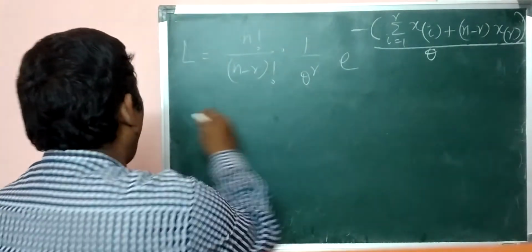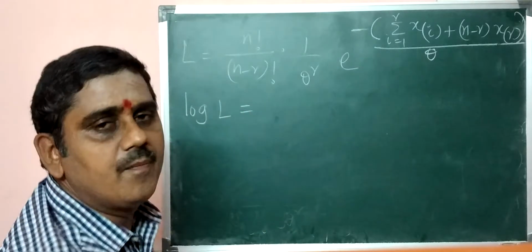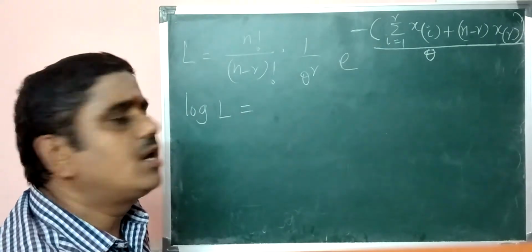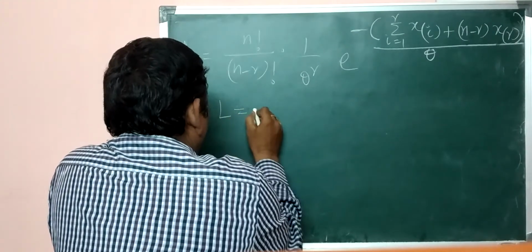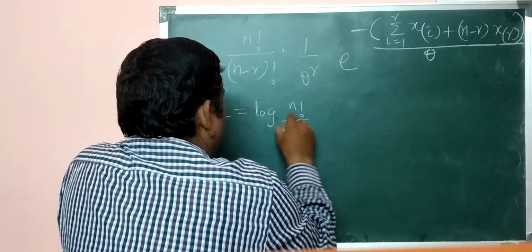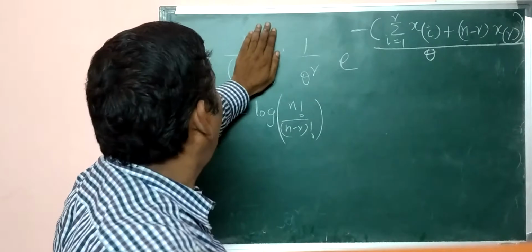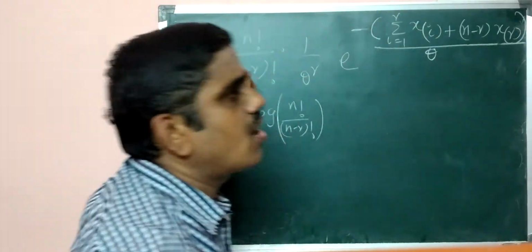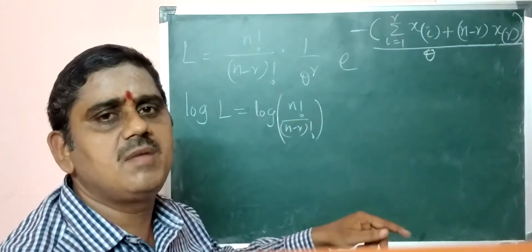If we consider log L, the logarithm of likelihood function L, it can be considered as follows. Log of n factorial by n minus r factorial is a constant actually, I am leaving it as it is. If we consider log abc, it will be log a plus log b plus log c.